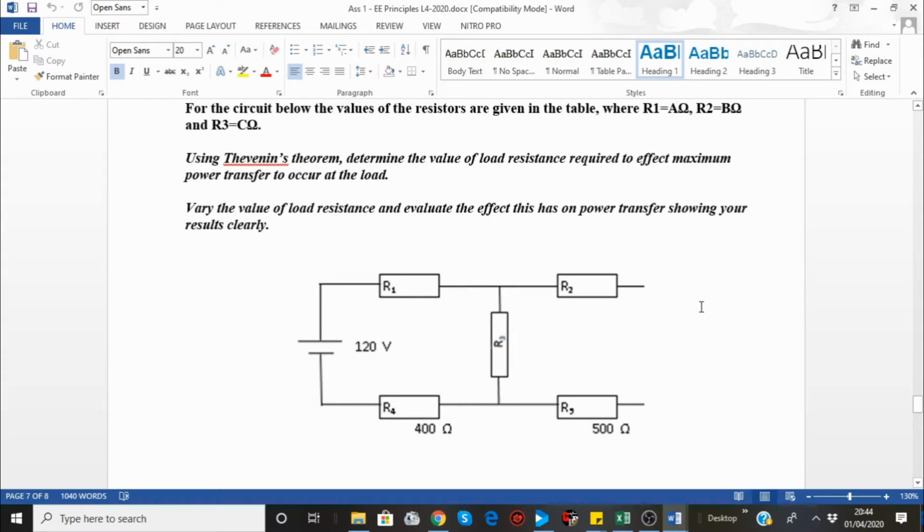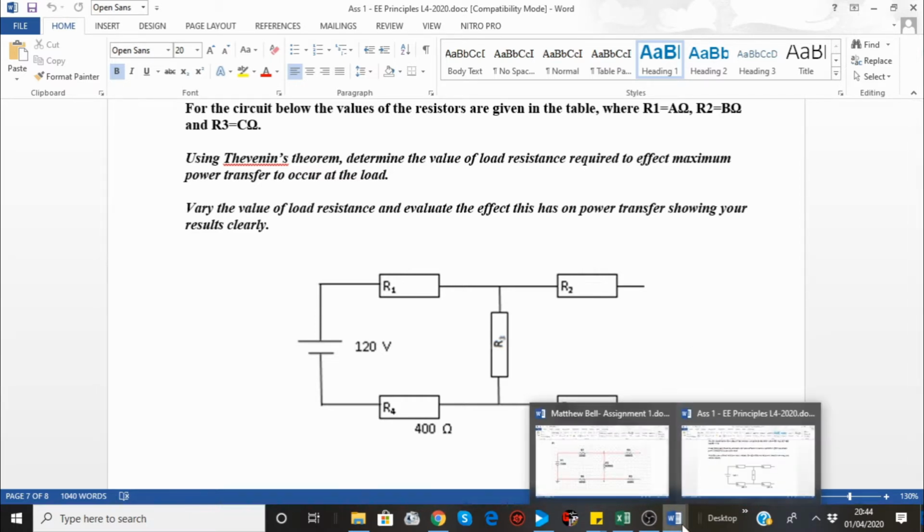And then finally, by varying the value of the load resistance, prove that the maximum power actually occurs at that value. So to begin with, we need to look at this circuit and find two values to draw the Thevenin equivalent circuit.